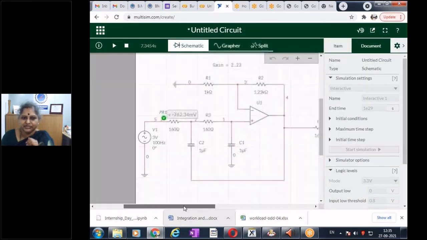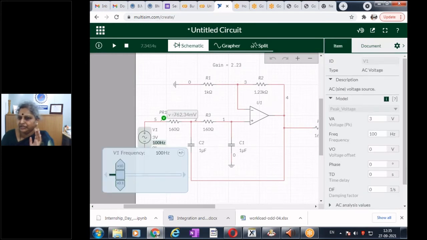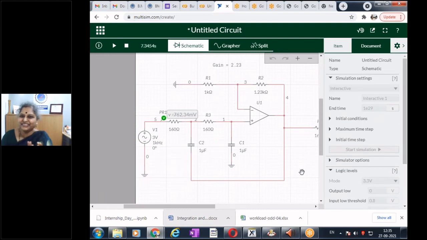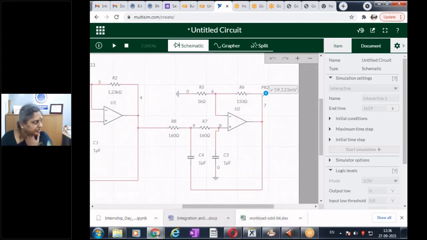Stop. So let's put it to a cutoff frequency which is 1 kilohertz. Okay, so our circuit is working. We will know the circuit is working only at the cutoff frequency. So let's put it to cutoff frequency.